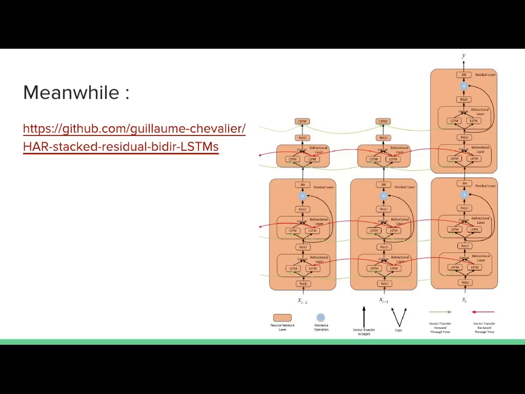Meanwhile, maybe not meanwhile, I should say a little bit after, while I was in Sweden at the end of 2016, I was working on a small project of human activity recognition using stacked residual bidirectional LSTM cells. Well, that's a long name, but anyway, I couldn't find something better to describe that.